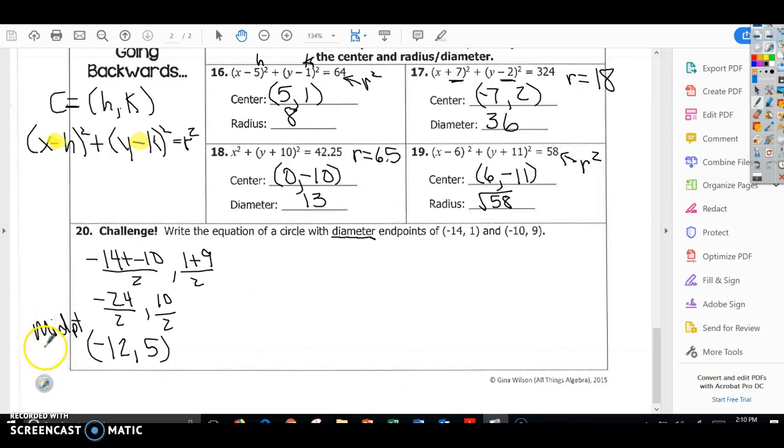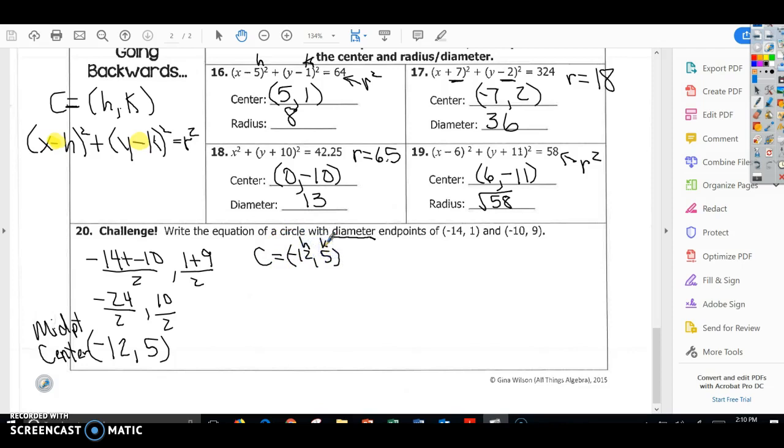It is also the center of your circle, because the diameter goes through the center from one end of the circle to the other. So now we have our center. Our center is negative 12, 5, so that's our h and k.